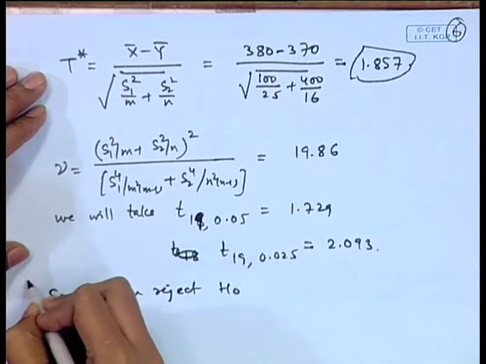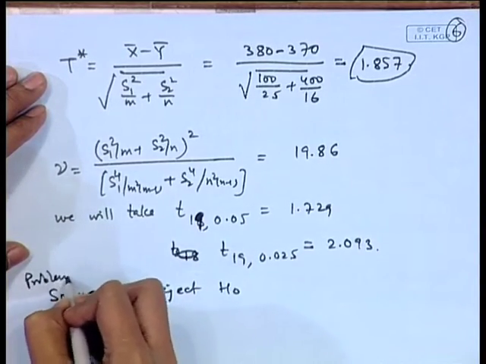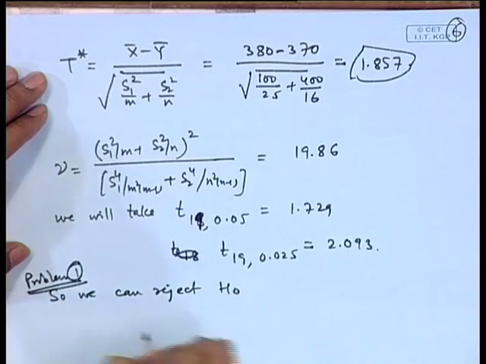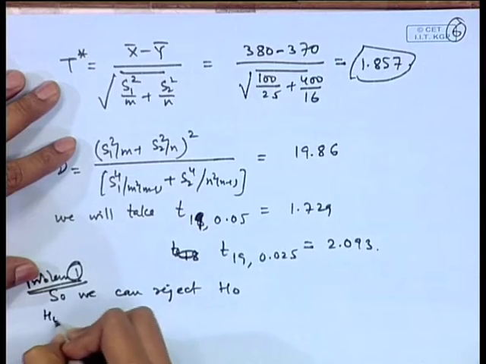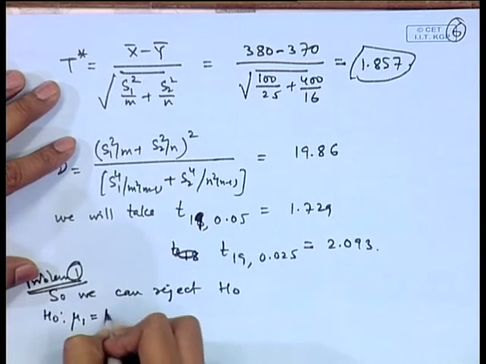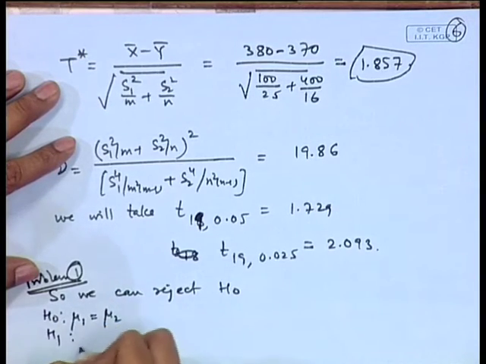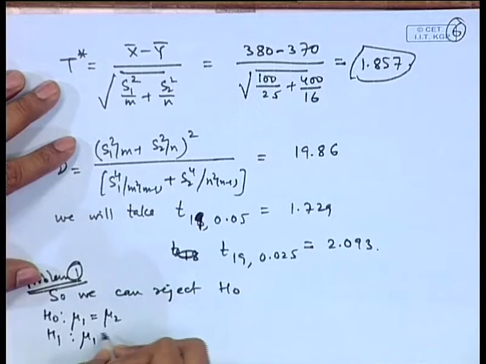Suppose I am considering testing problem 1. In that case, suppose I am considering H naught: mu 1 is equal to mu 2 against say H 1: mu 1 is not equal to mu 2.